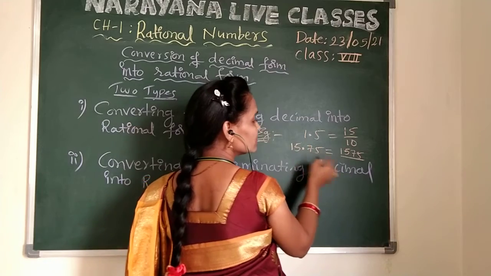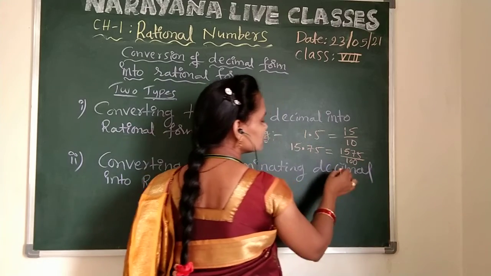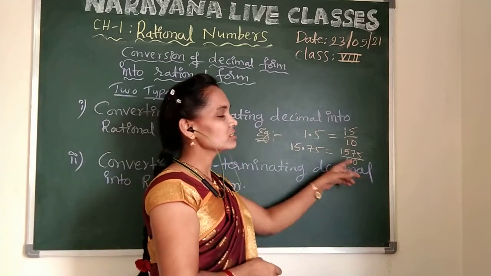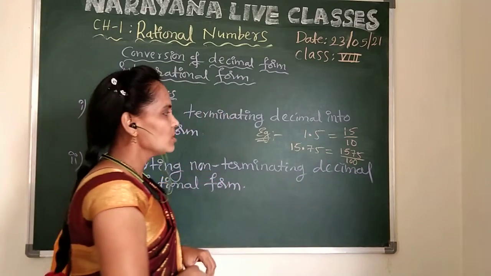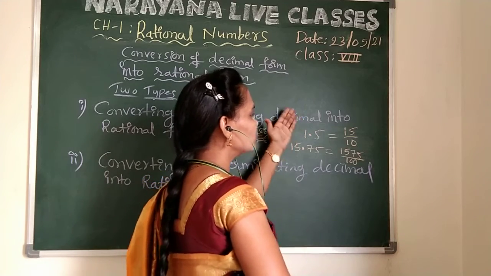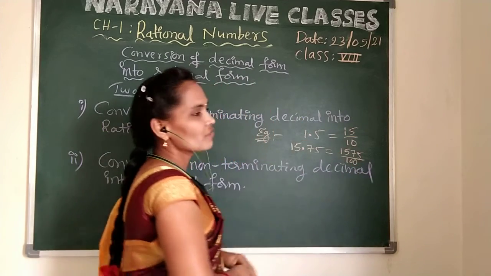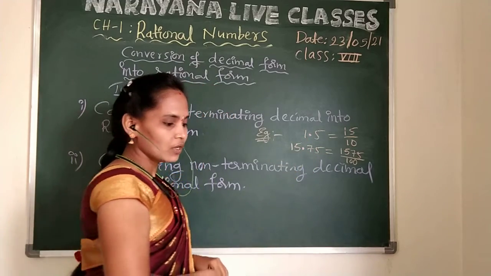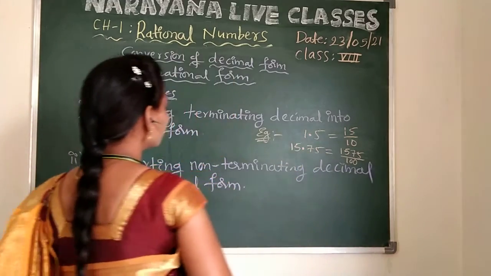Two digits are there, so we write 100, two zeros in the denominator. Like this, any terminating decimal we can convert into rational form, just by removing the decimal point. I hope you understood.